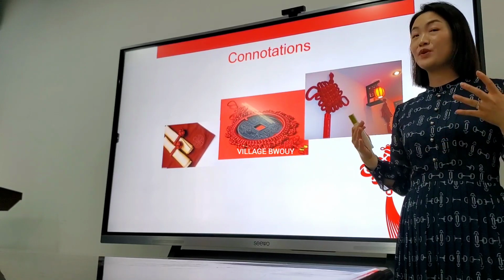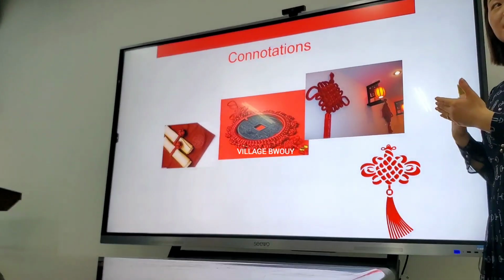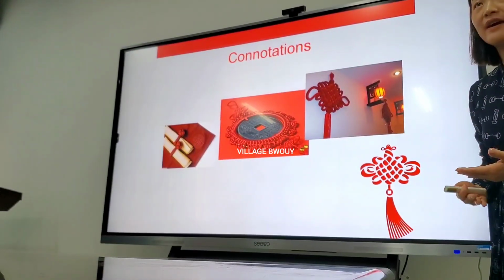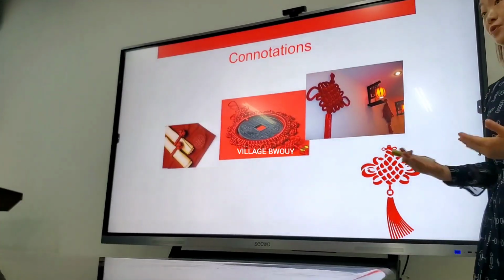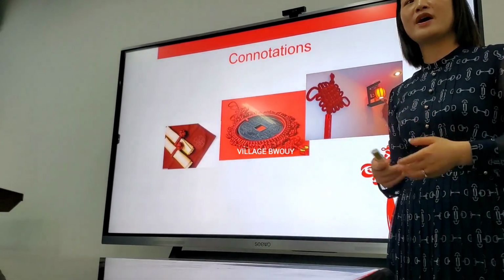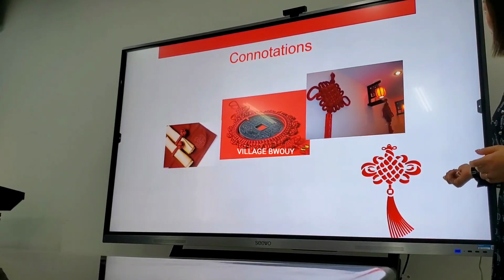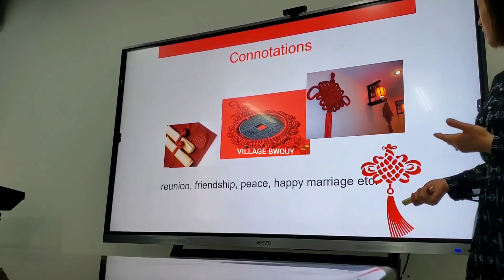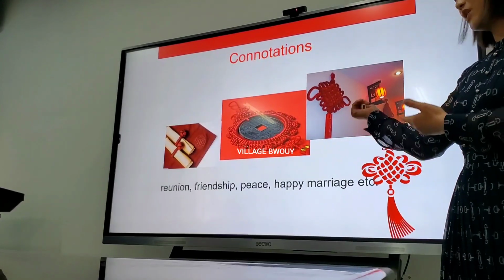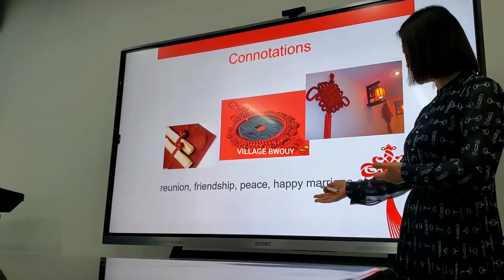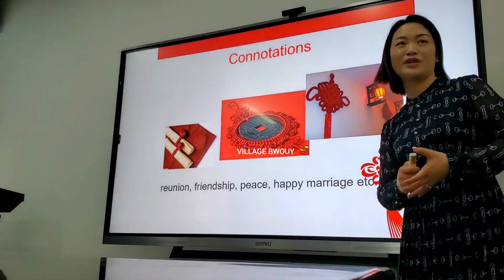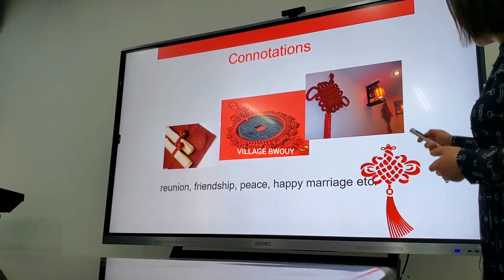Very beautiful, but it also includes the meaning of the country's prosperity. It usually symbolizes reunion, friendship, peace, or a happy marriage in weddings.